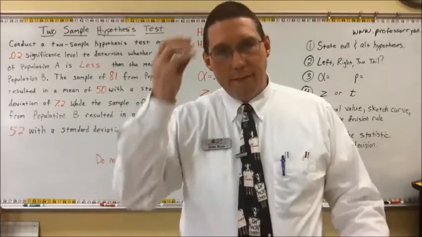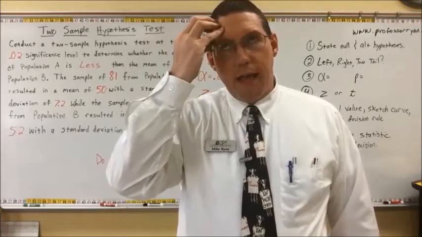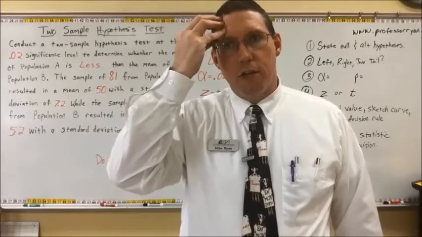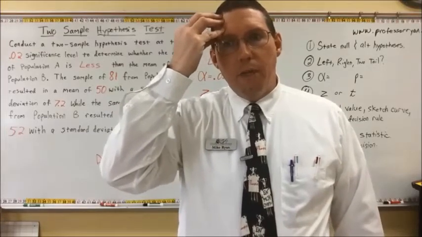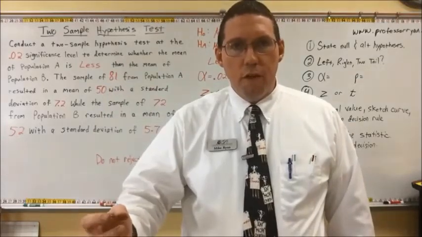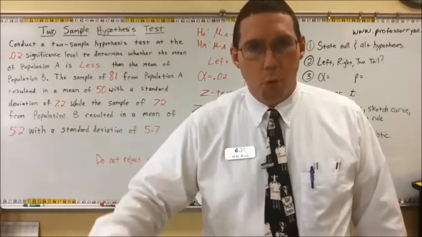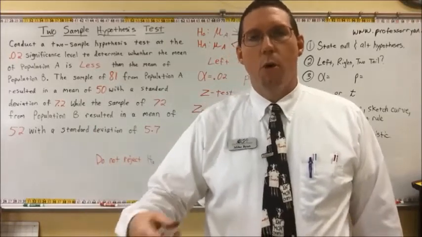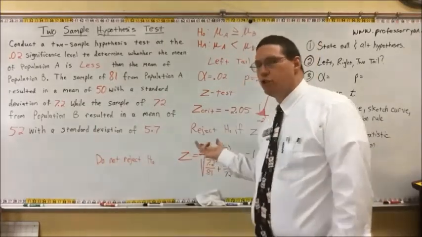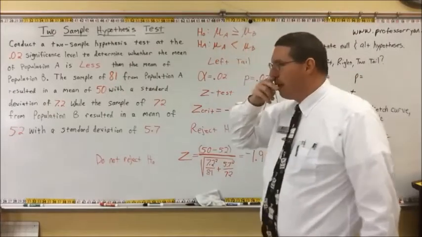Okay? It's hard to get the mind of research, which is to understand that we don't ever really fully prove the things that we're studying, we just show repeated support for them. And so we did not, in this case, show any evidence that we should reject the null hypothesis.